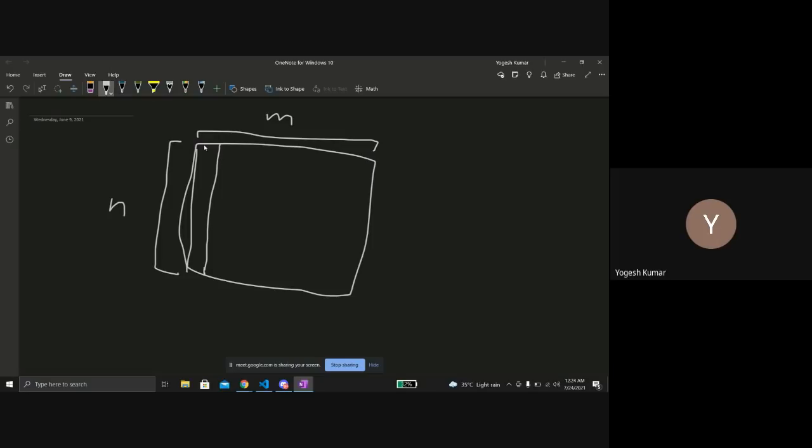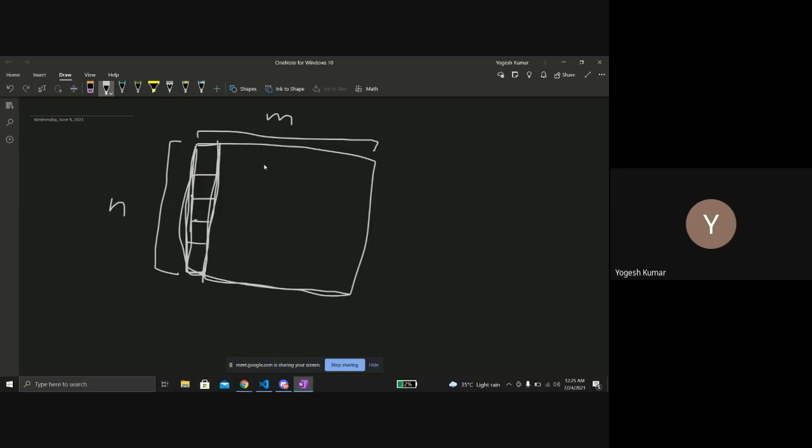You cannot put a horizontal domino over here because this has width 1, so you can just fill it with vertical dominoes. Supposing that you can fill this column up, then for the rest of the table, the case is similar to the previous one where both n and m were even.